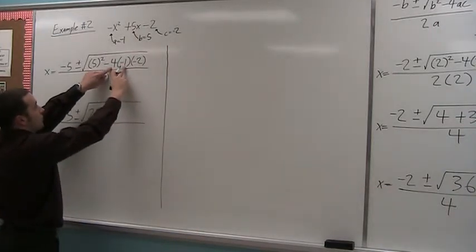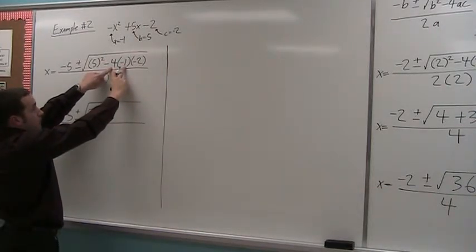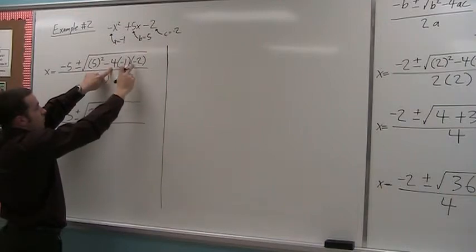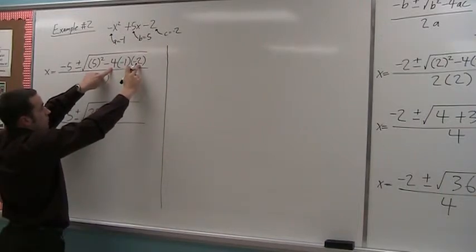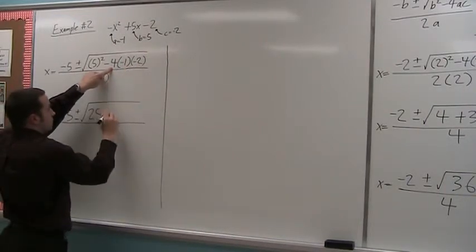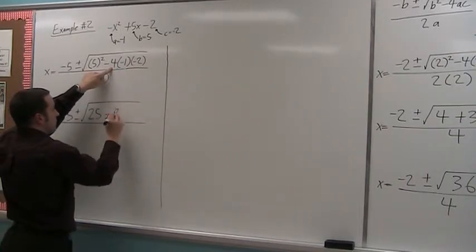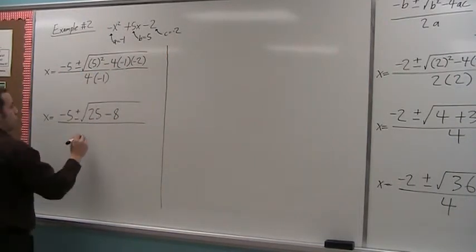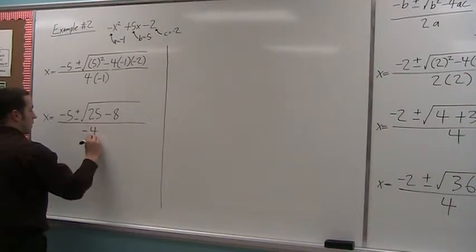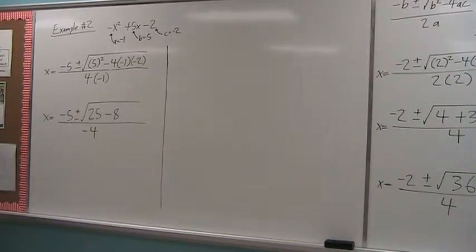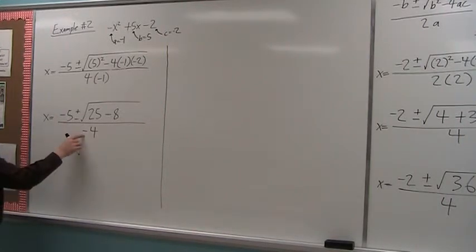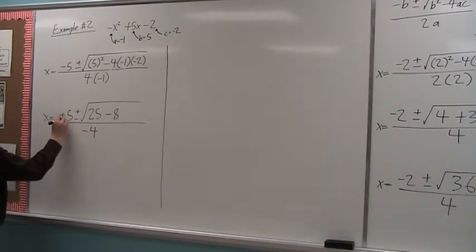Negative 4 times negative 1 is going to give me positive 4. Positive 4 onto negative 2 is going to give me negative 8. So I end up with a subtract 8, all over 4 onto negative 1, which is negative 4. At this point, I would notice I have a negative both top and bottom, so I can just make them both a positive.